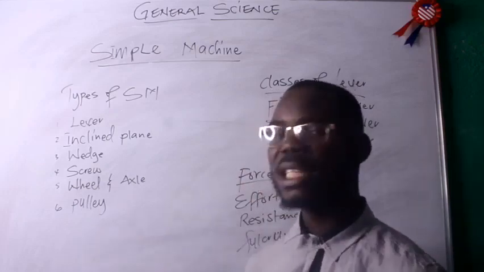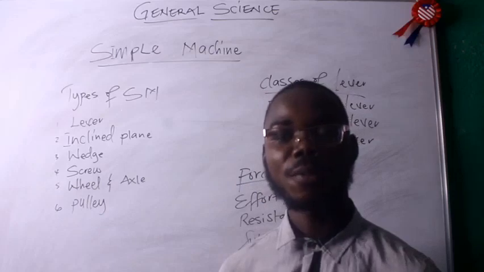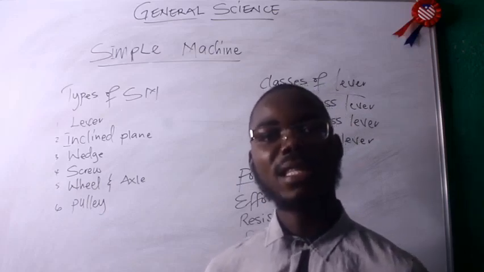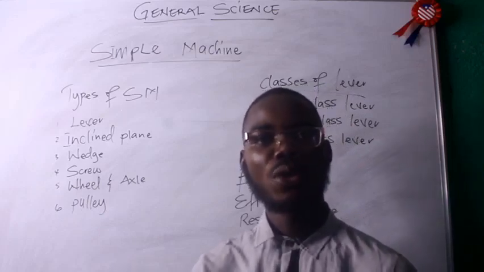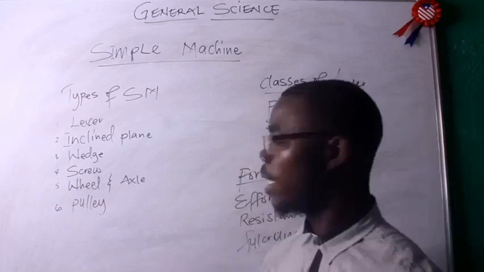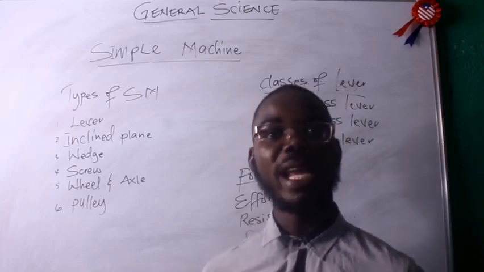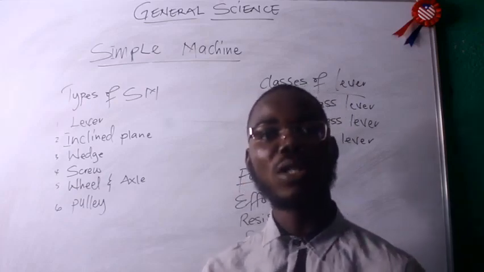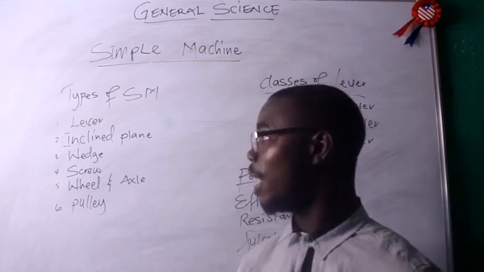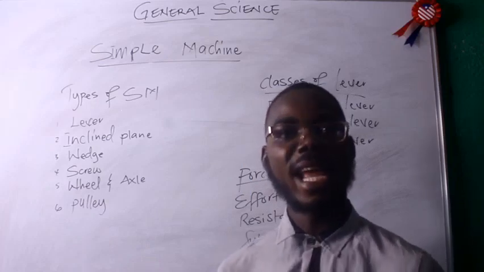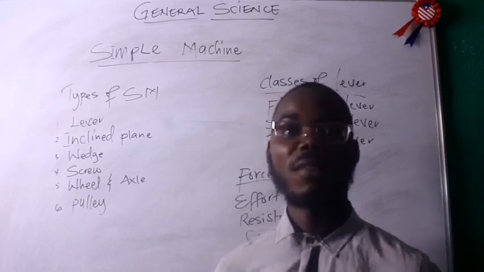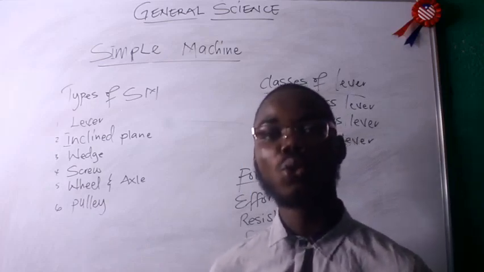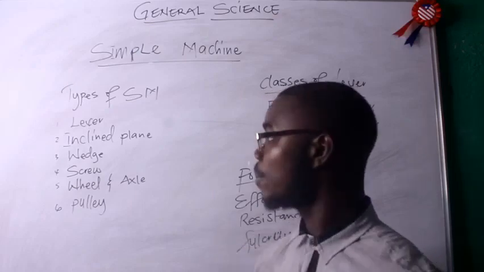Now, an example of this type of simple machine is knife. Knife is normally responsible to tear objects apart. Another example of a wedge is also a razor blade, and a razor blade is also used to tear objects apart. Another example of a wedge is the head of an axe, which, of course, is also used to tear objects apart.